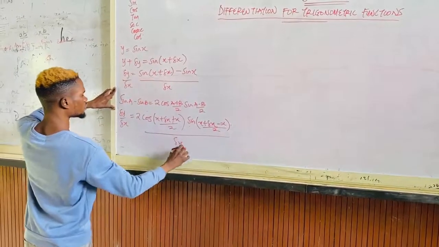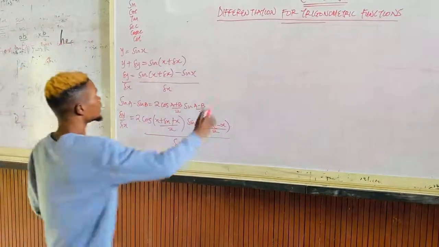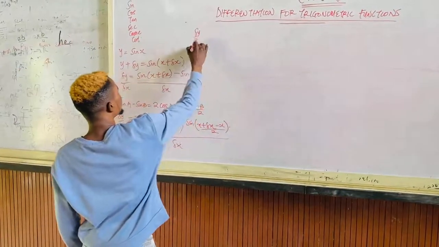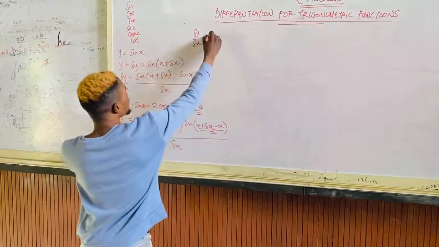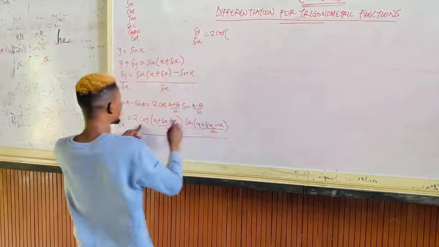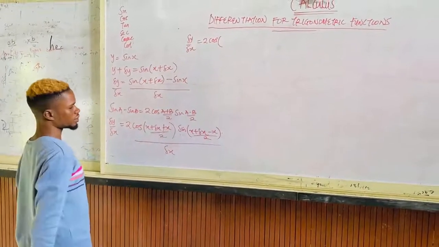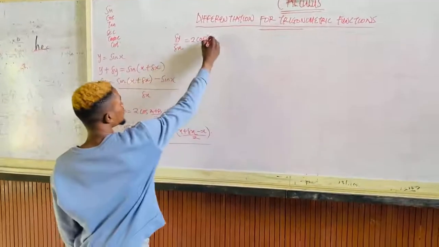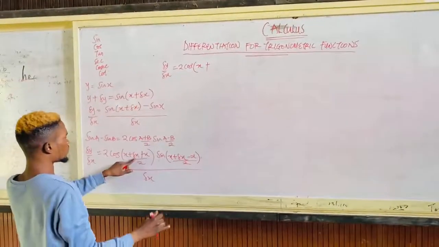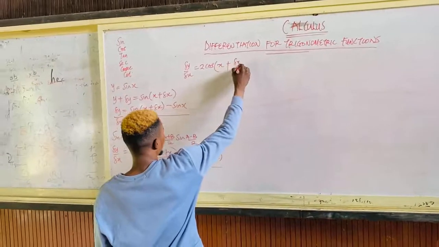Then everything over del x. So the rate of change is equal to 2 cos, and x plus x is 2x, so 2x over 2 is x, then plus del x all over 2.